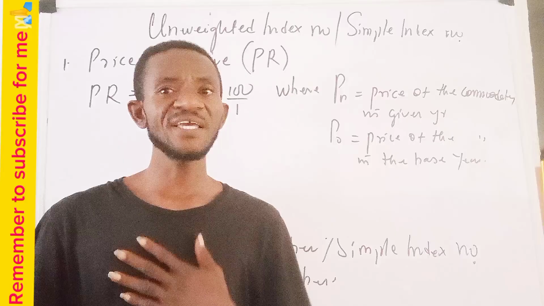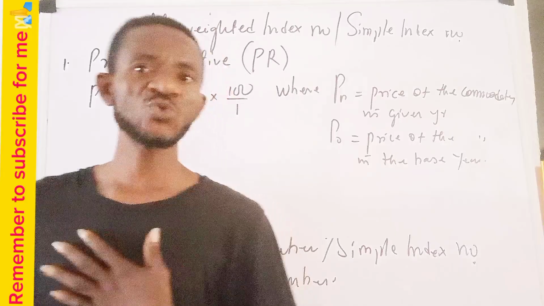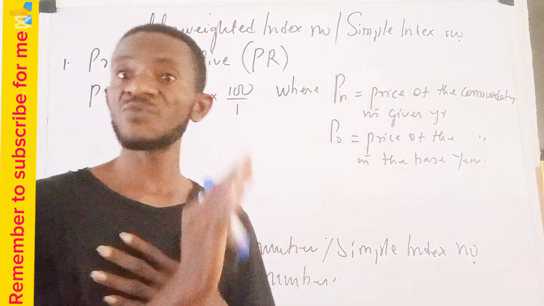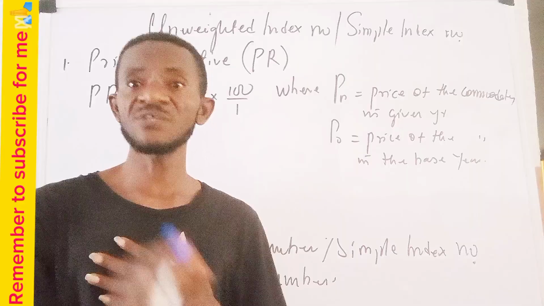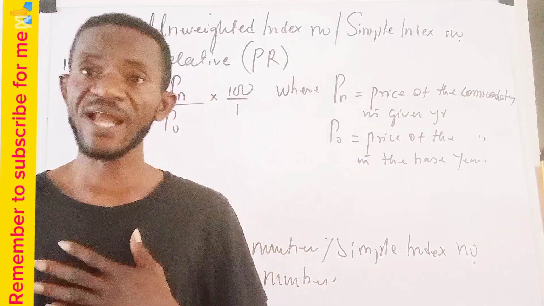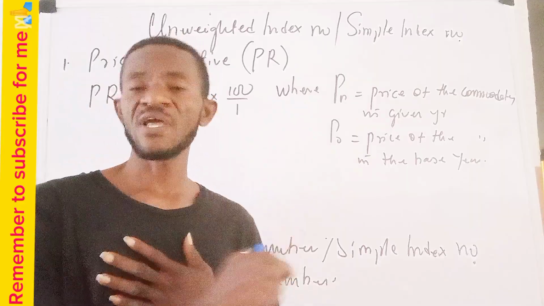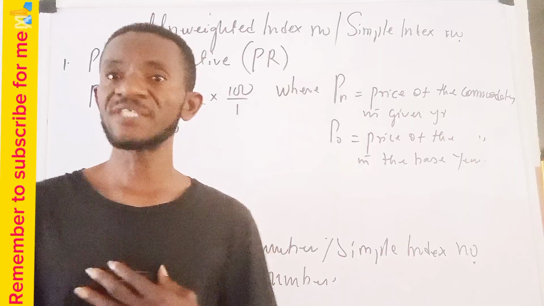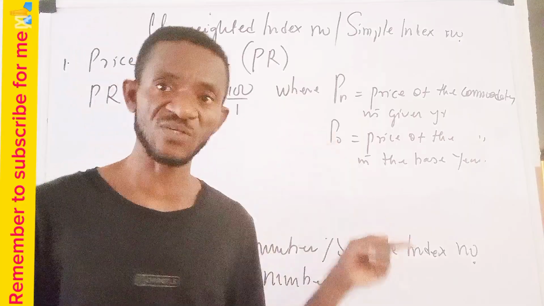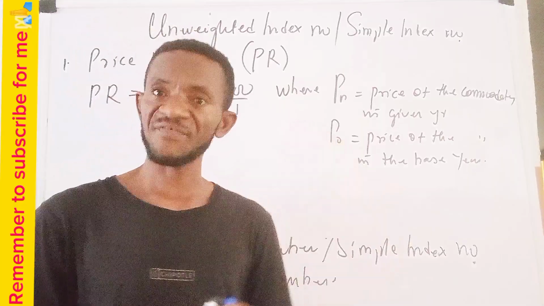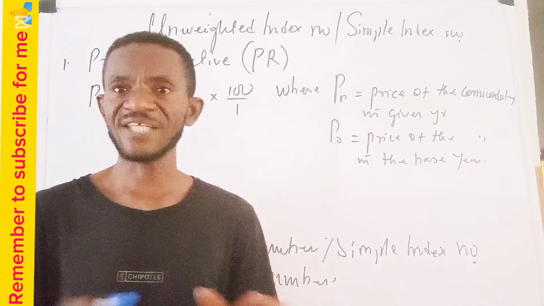The base year is 2000, when it was sold for 10 naira. So our P subscript 0 is 10 naira and our P subscript n is 50 naira in this illustration. That is what is called price relative.